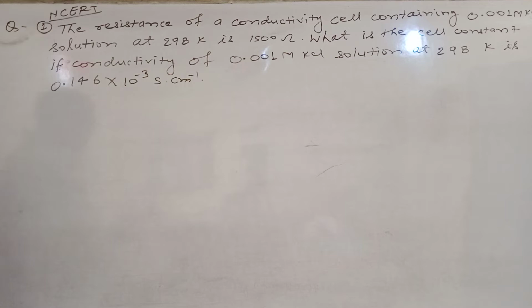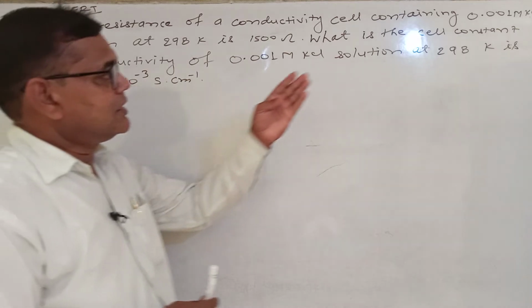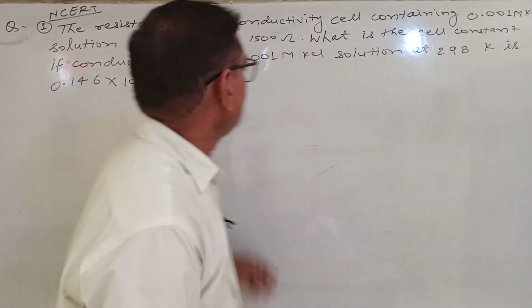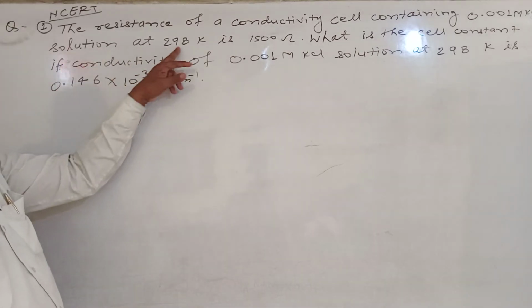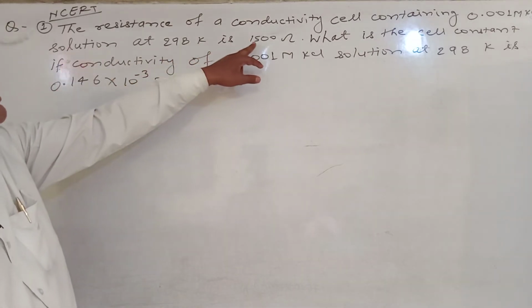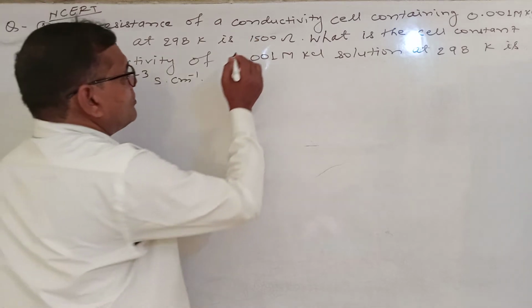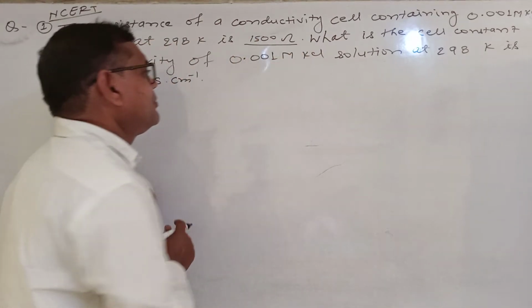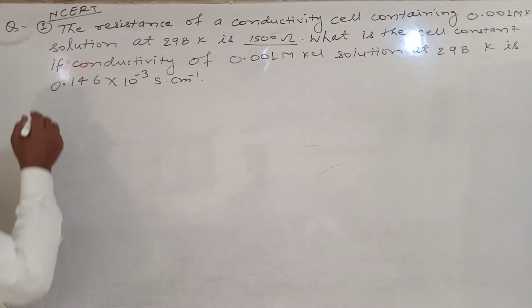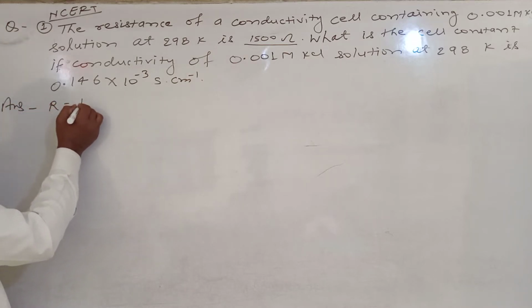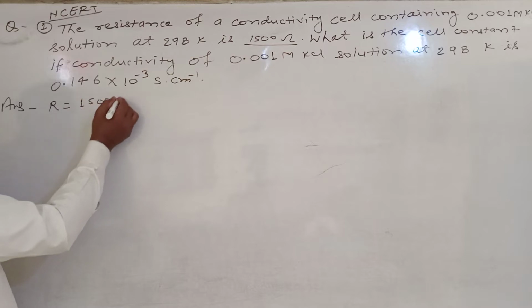This is the question. The question asks: the resistance of a conductivity cell containing 0.001 M KCl solution at 298 Kelvin is 1500 ohm. This is the value of resistance. We write here R is equal to 1500 ohm.